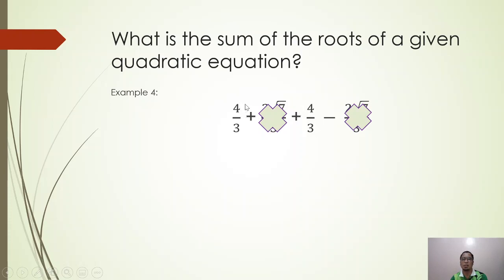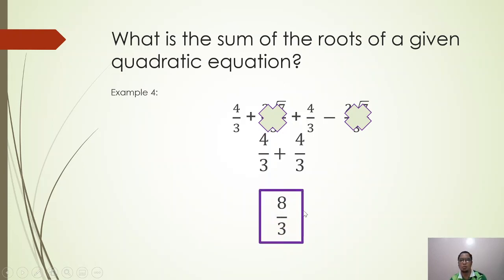Kagaya po nung binanggit ko, kapag po ganyan, yung nasa taas lang ang pinagsasama, 4 plus 4, 8. We simply copy yung common denominator. Ayan ang kalalabasan. Kapag tinanong po sa atin ano yung sum nung given quadratic equation na yun, ang final na sagot natin, 8/3.